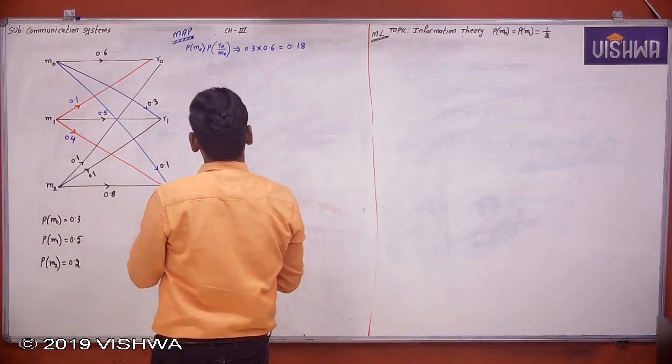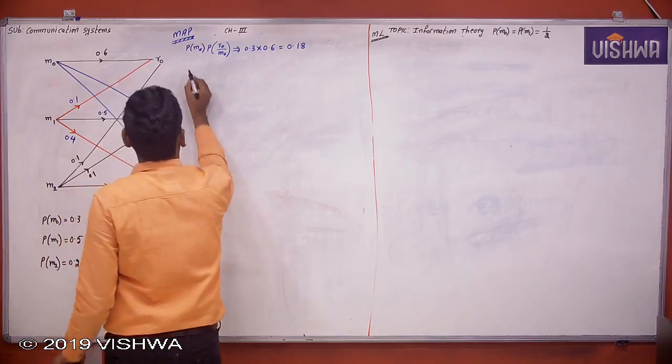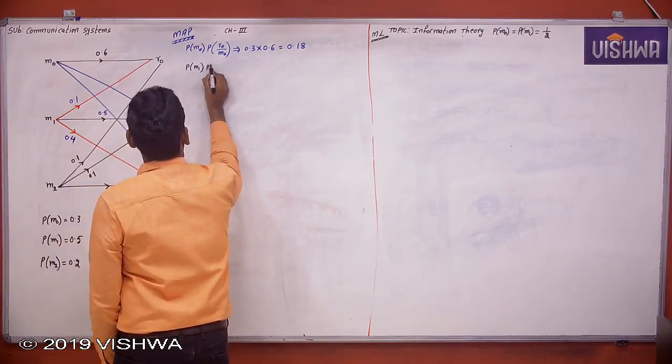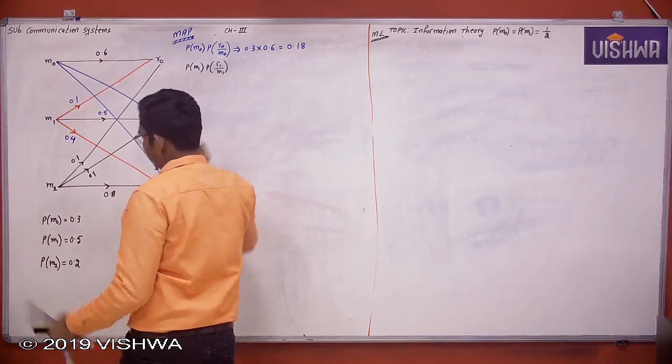What are the remaining products? P of M1 into P of R0 by M1.